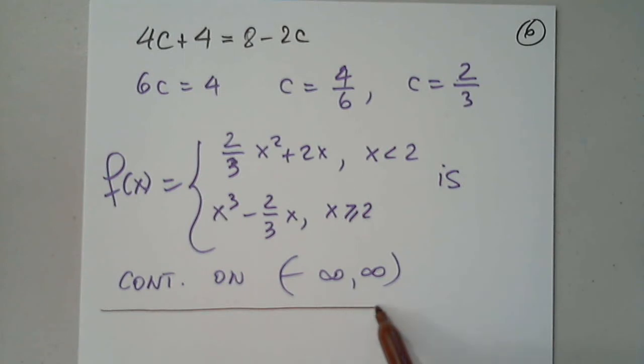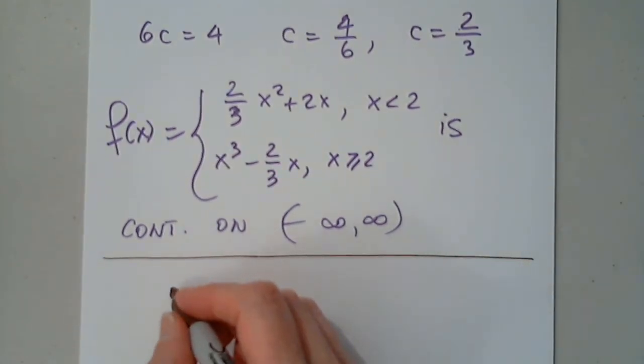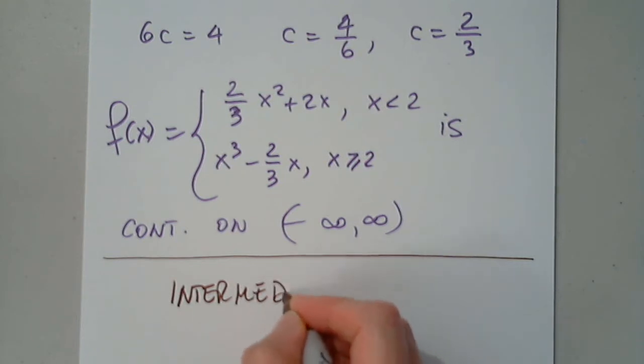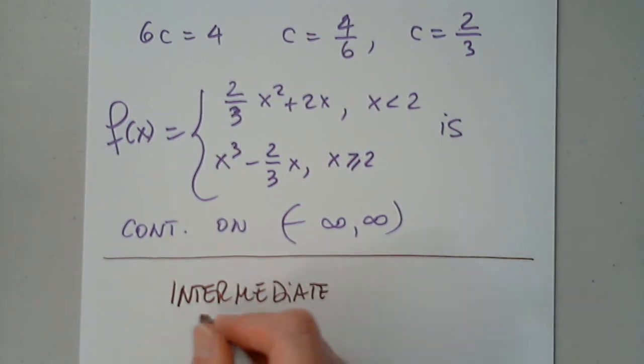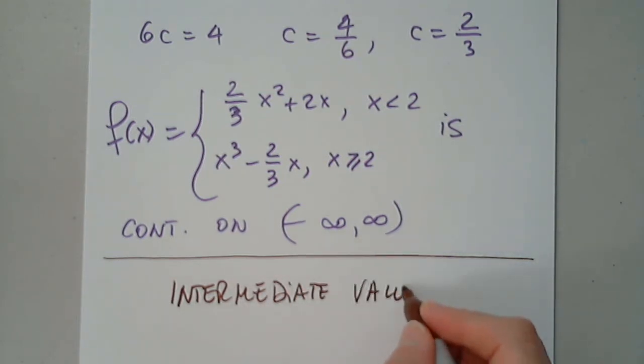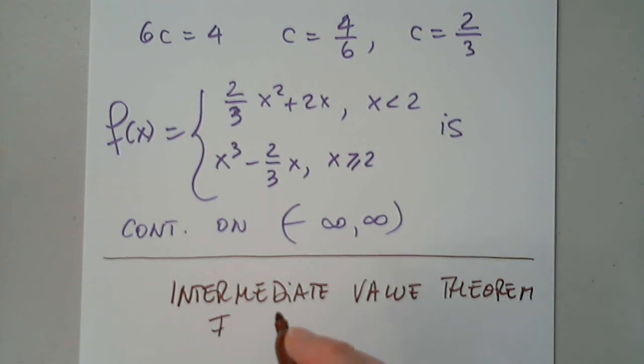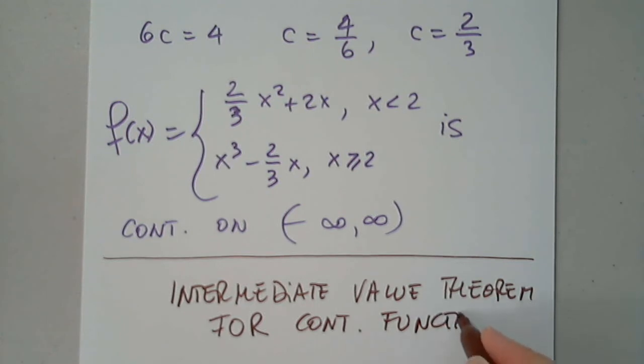Okay, so let's take a look at something called a very important theorem, the intermediate value theorem. Very important. It's in 2.5 specifically for this reason, for continuous functions.